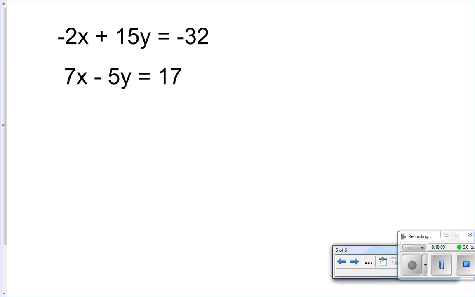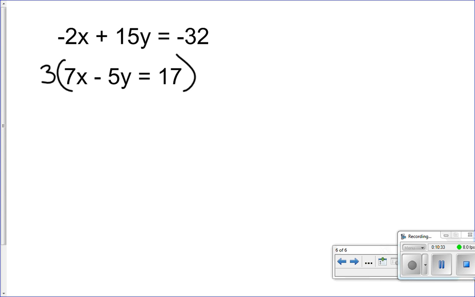So I noticed that it's easier to work with 15 and 5 rather than 2 and 7. So I'm going to take my bottom equation and I'm going to multiply it by 3 in order to get 15 and 15. Also, I noticed that my top equation is positive 15, and if I multiply my bottom equation by 3, I'm going to get negative 15.